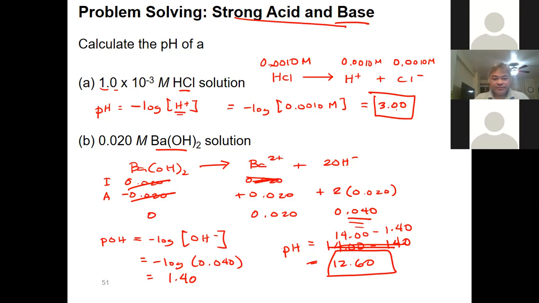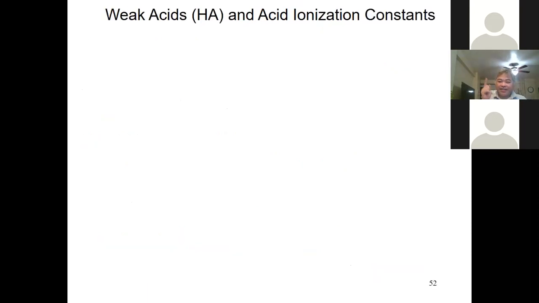Okay. So, paano kapag weak acid? Are we going to use the same approach? Most likely hindi. Kasi nga, hindi naman siya 100% nag-dissociate. So, kung ano man yung concentration ng acid, hindi siya yung concentration ng H+.